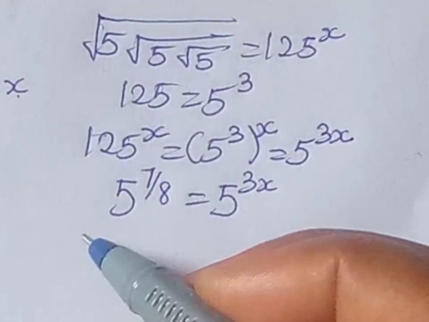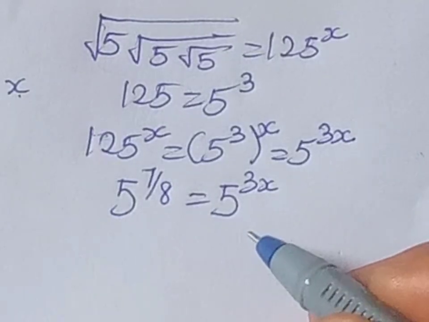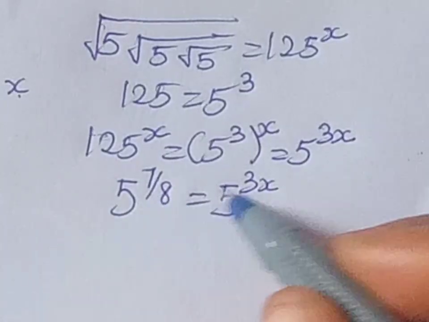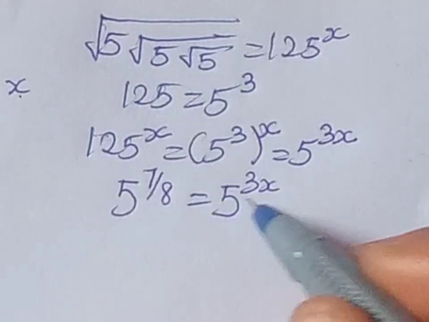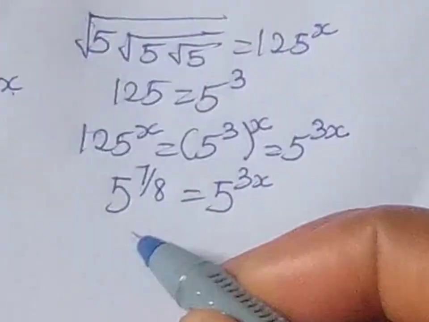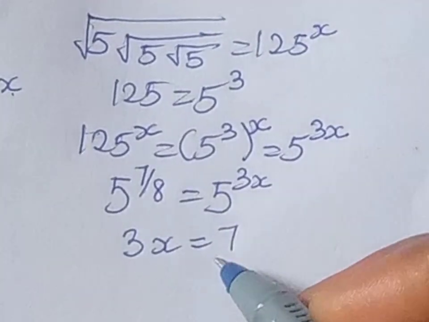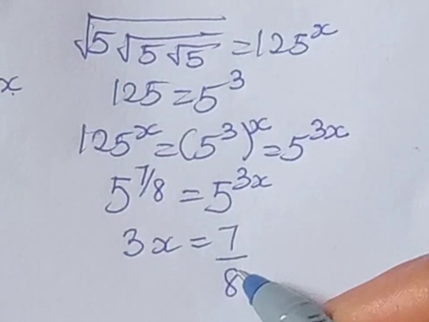Now let's compare the exponent. Since the bases are the same, their exponents must also be equal. So 3x equals 7 over 8.